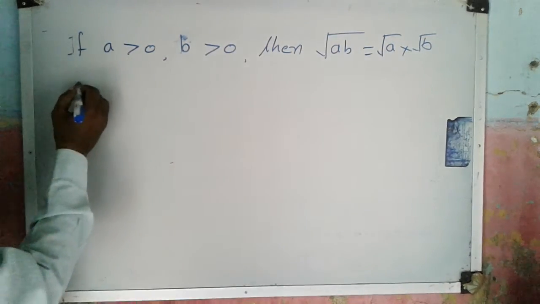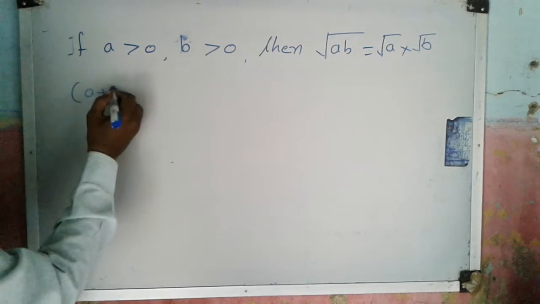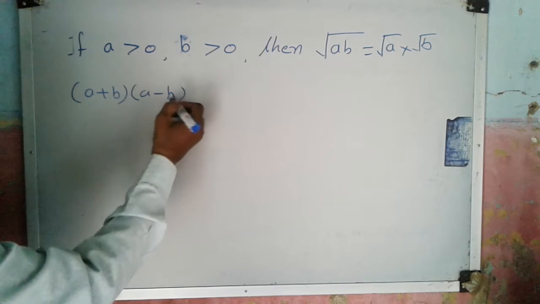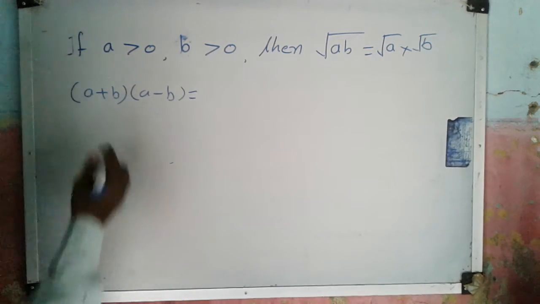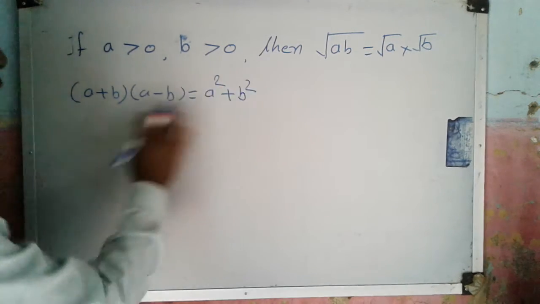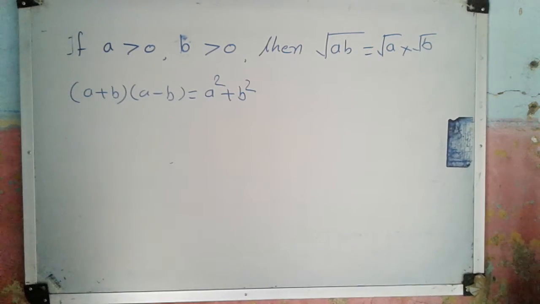Also we know this formula, (a plus b)(a minus b), that means we know this a square minus b square. We also know this formula.